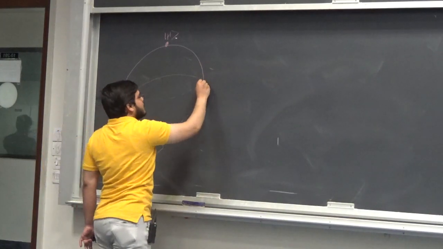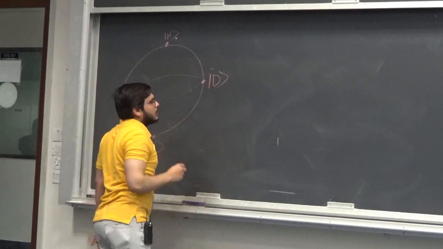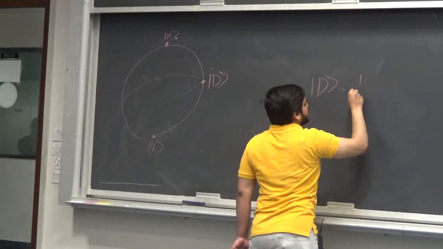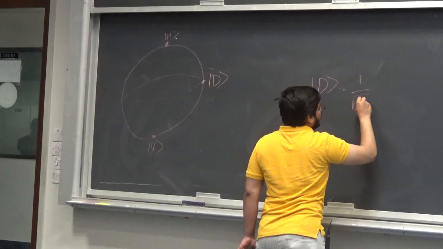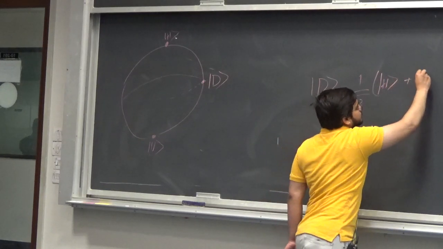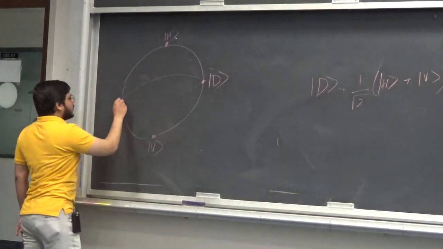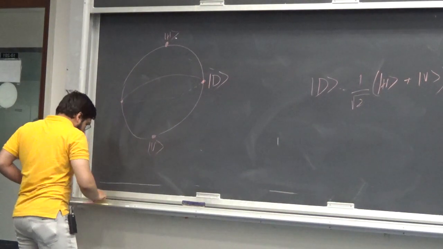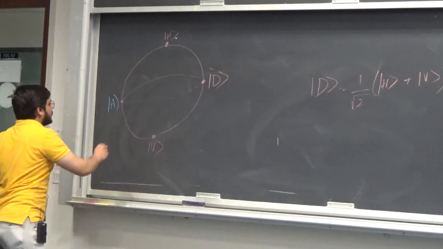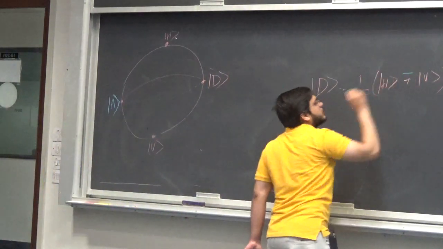If here is my state |D>, which is basically the state which is half of both, then this state will be |A>, the anti-diagonal. So that was diagonal and this will be the anti-diagonal, and the sign will only change for this state.